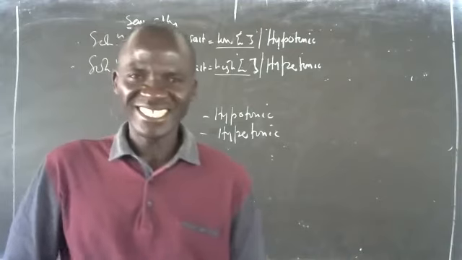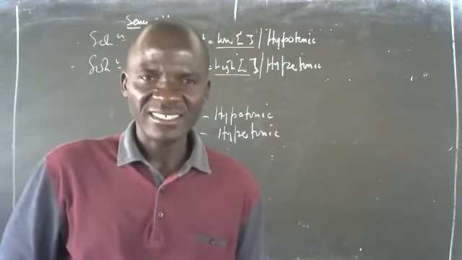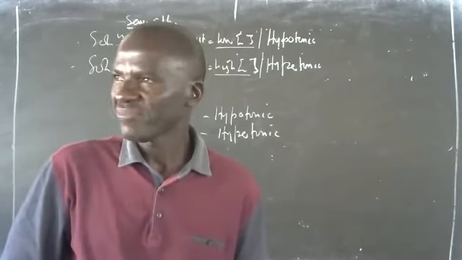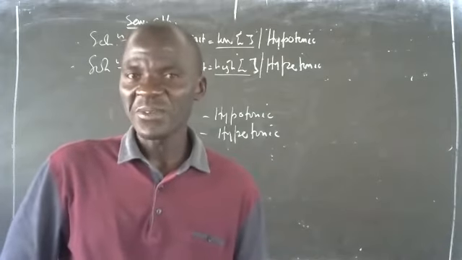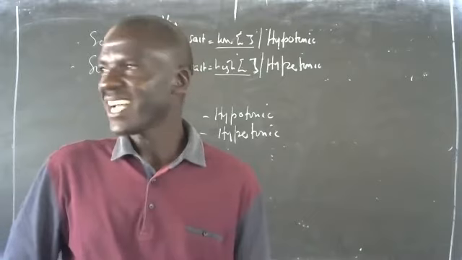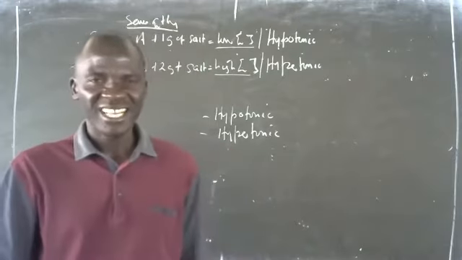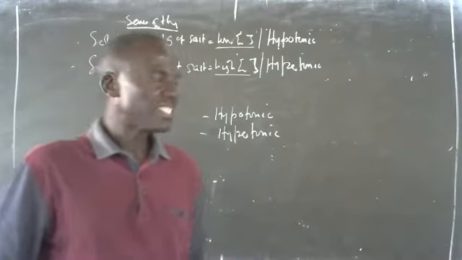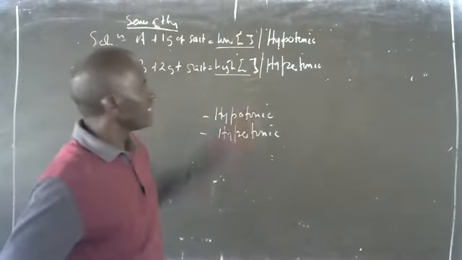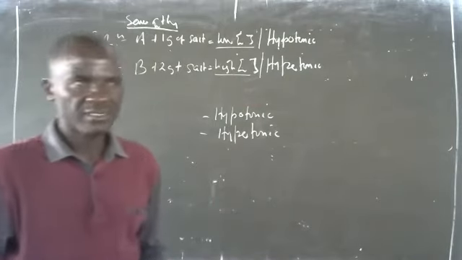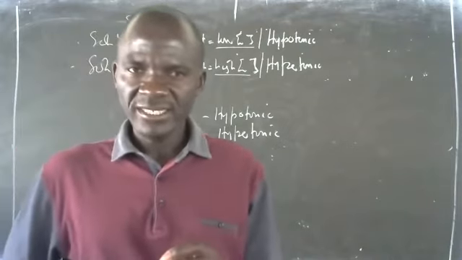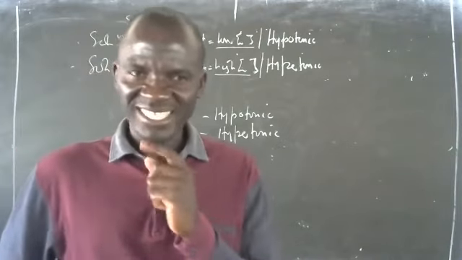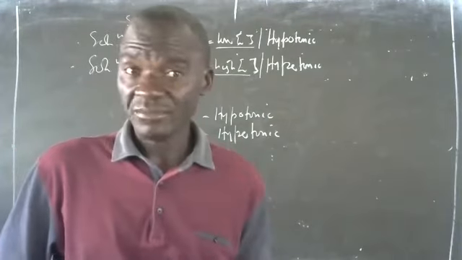Since you're all scientists, when I talk of hyper, someone is hyper, high. And then hypo means low. So when I say hypotonic solution, I'm referring to concentration. When I talk of hypertonic solution, I mean it contains more solutes than the other.